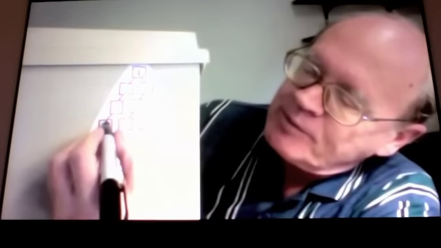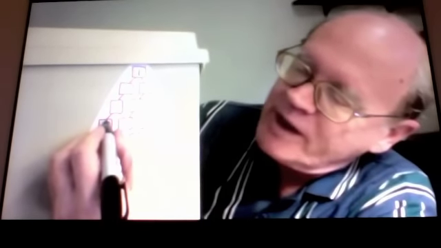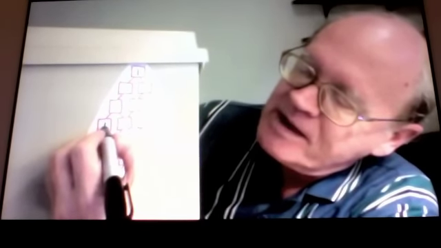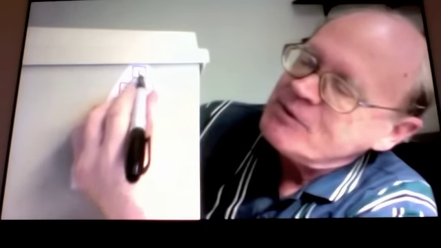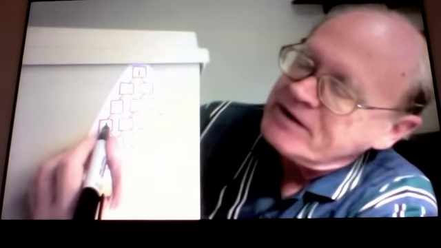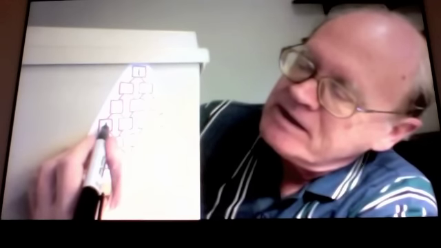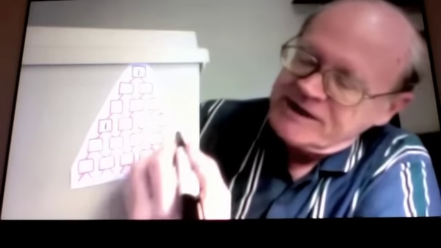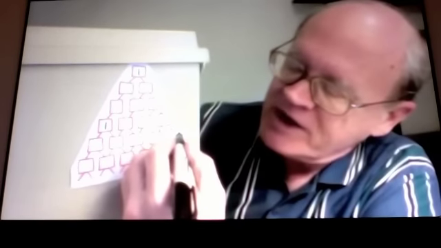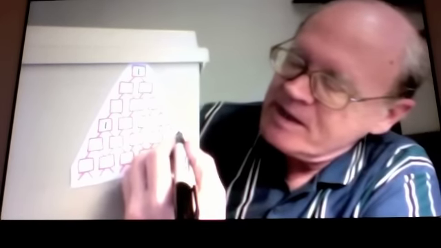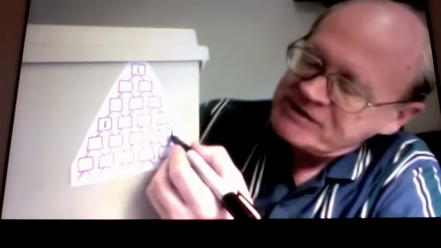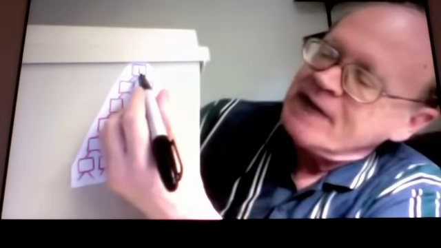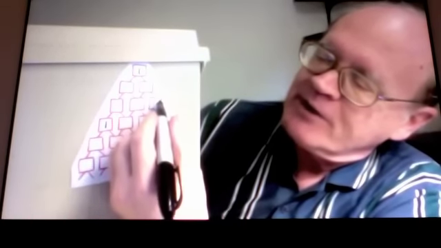For example, there's only one way of getting to this one, and that's to veer to the left every step of the way from the top down to there. To take a location at the extreme right, this one for example, there's only one way to get here, and that's to veer to the right every step of the way from here on down.